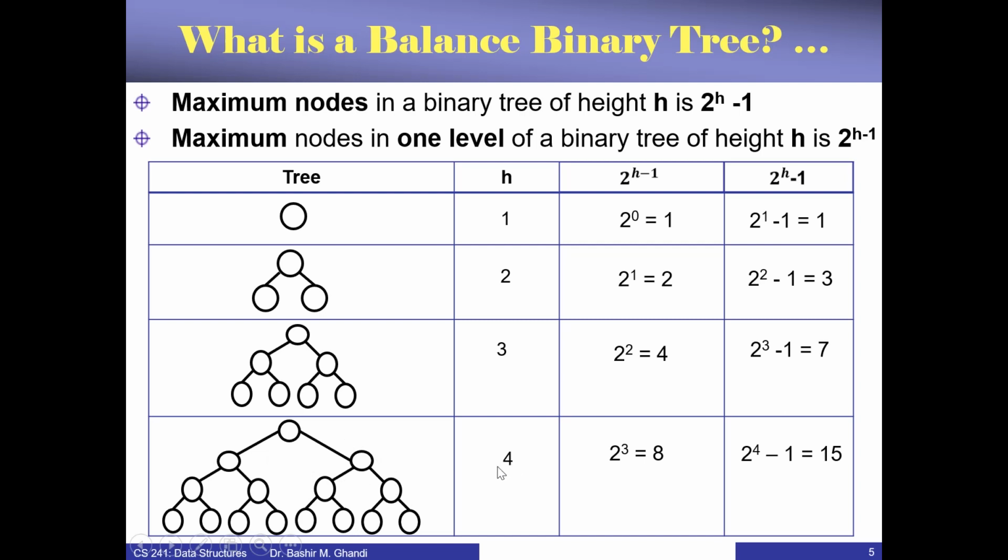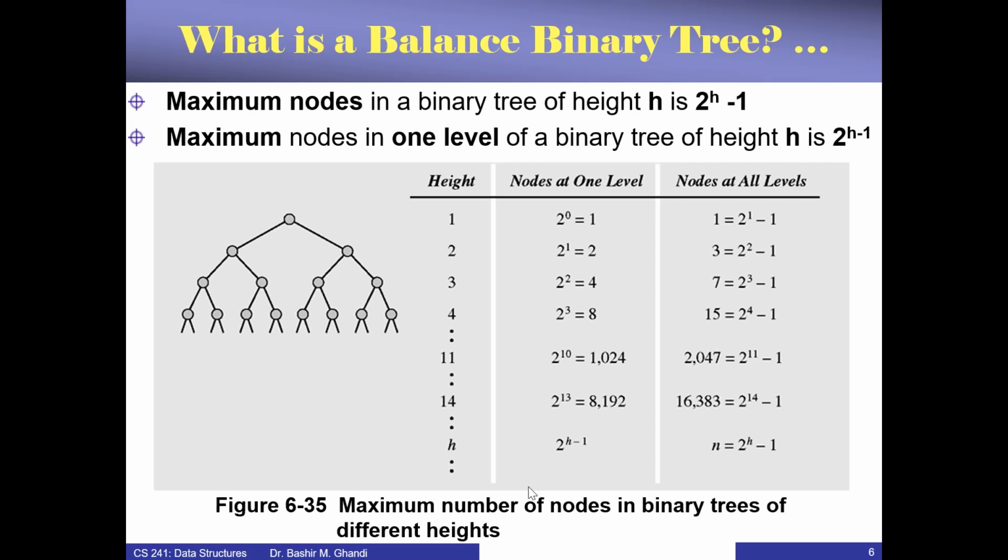Whereas here, the maximum number of searches you have to do is 4. So this is really a big advantage. To see this even further, let's take bigger numbers of height, as you can see in this table from the book, figure 6.35. For example, for a tree of height 11, the maximum number of elements you can have is 2047.